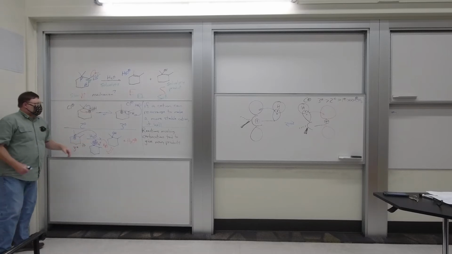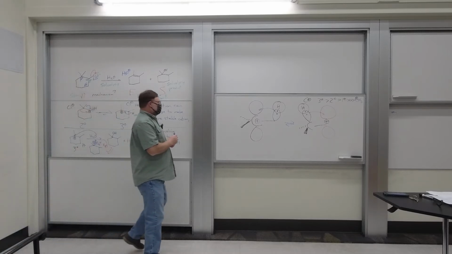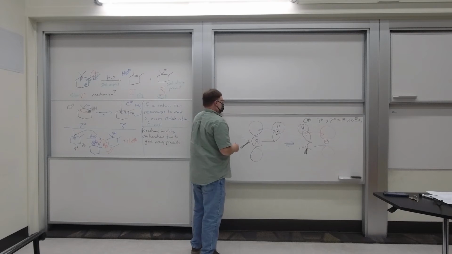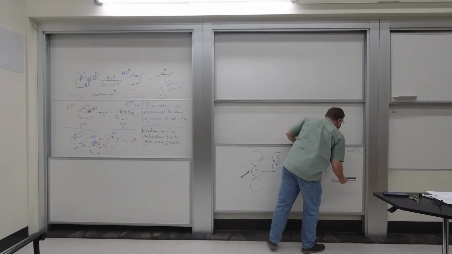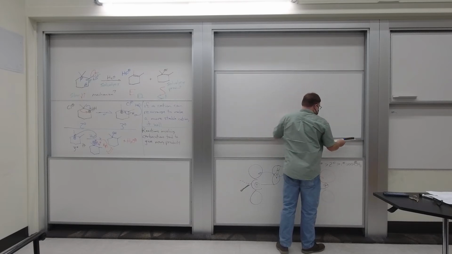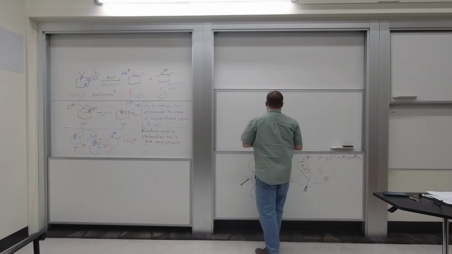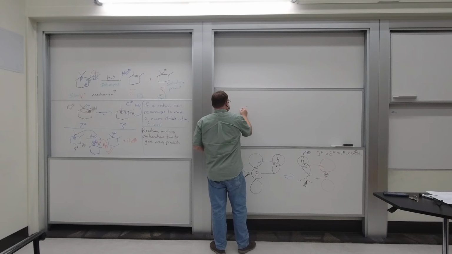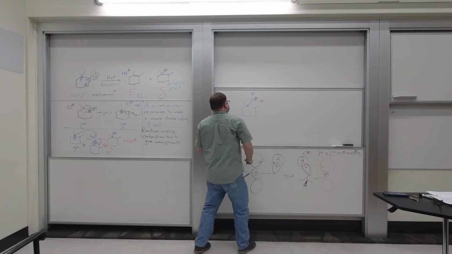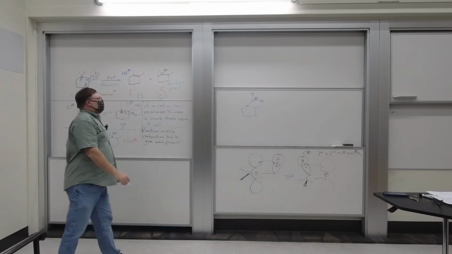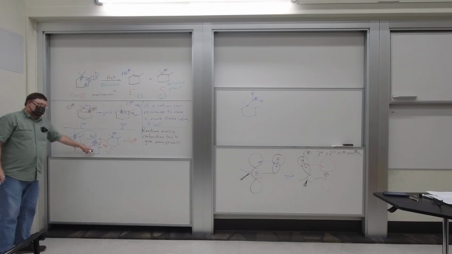For this oxygen, let me draw that a little better. It's not well drawn. All right, so there's this intermediate. If you weren't seeing it clearly, that's this intermediate alcohol.